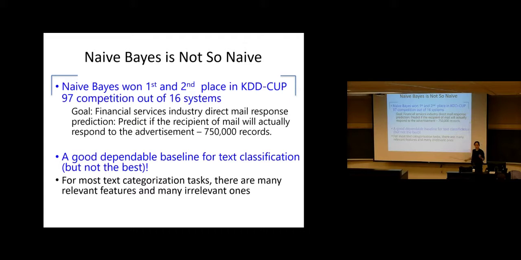In the literature of data-driven models, it's always competition-winning results that make some classifiers dominate. In the case of naive Bayes, it won the KDD Cup competition, which is pretty old, of course, 1997, on a text, mail-based task. This is really just trying to predict if a recipient of an email will actually respond to an advertisement.